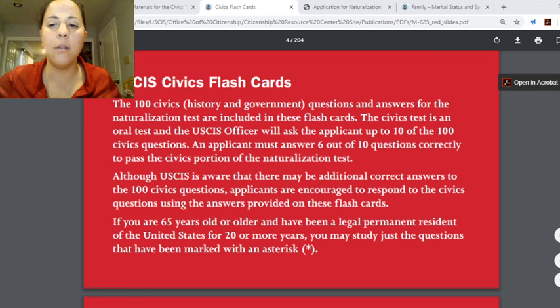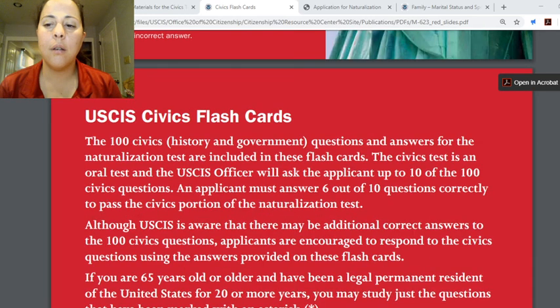USCIS Civics Flashcards. The 100 Civics History and Government questions and answers for the naturalization test are included in these flashcards. The civics test is an oral test, and the USCIS officer will ask the applicant up to 10 of the 100 civics questions.